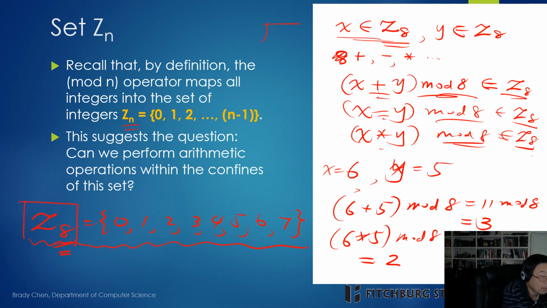Let's see. 30 mod 8. 3 times 8 is 24, so we got 6. So it's 6. So x is 6 and y is 5, both elements of Z8, and the result with the modulo 8 operation for the multiplication is still in Z8, right? So we can define the operations such that the result is still in this set.